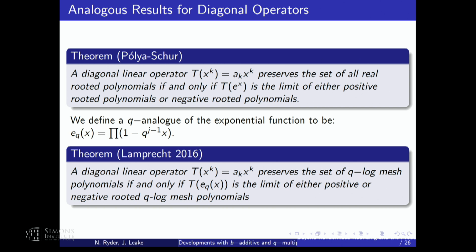And notice that if I let q limit to 1, what happens? Well, maybe not obvious, but if I let q limit to 1 under appropriate normalization, I'll get the exponential function. I need to normalize things. And down here, the set of 1 log mesh polynomials is just all positive rooted polynomials. So I recover Polya-Schur.